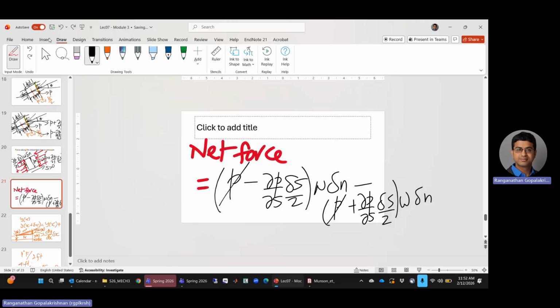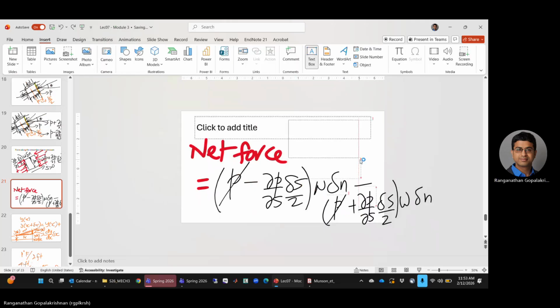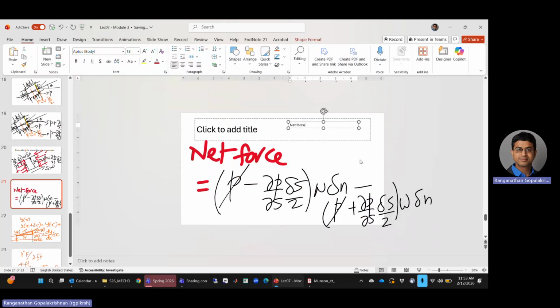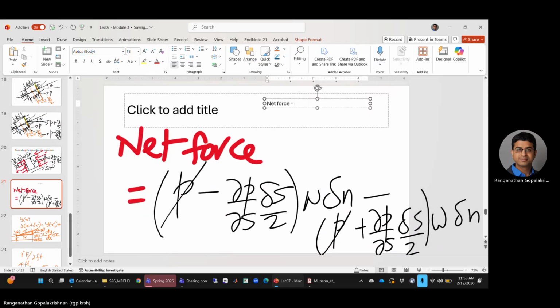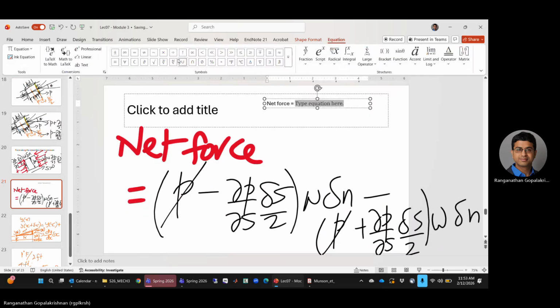I'll just type it, okay? So net force equal to minus partial.